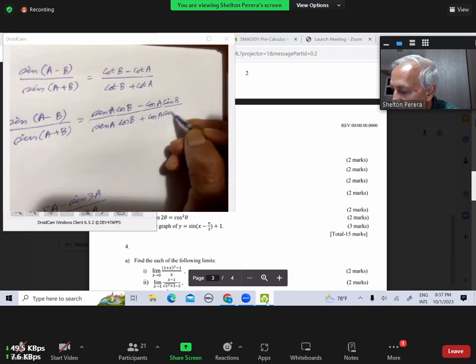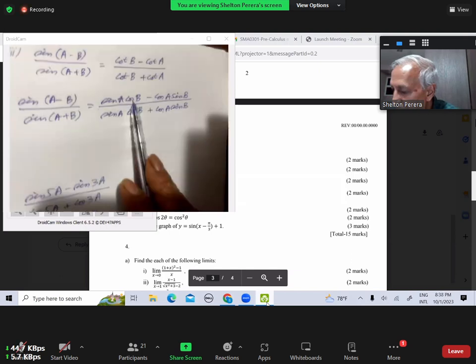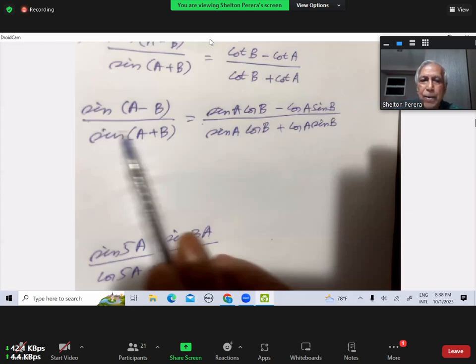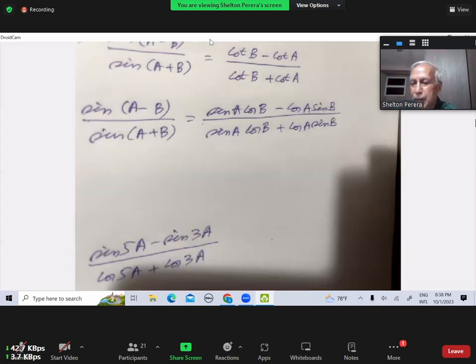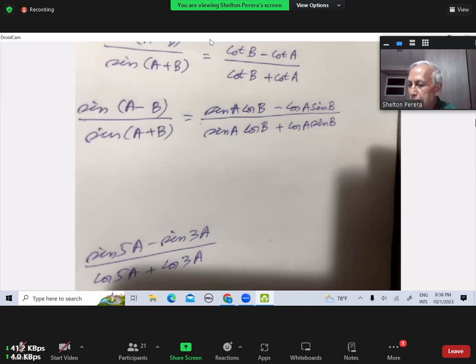Now I want to get cot B there. This is straight from the sin A minus B formula and sin A plus B formula. To get the answer, cot B minus cot A, I want to get cot B here, so sin A should disappear.